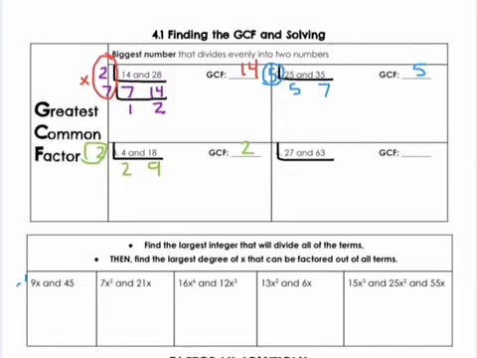So it's best if you just know your multiplication facts, and what we're going to do is divide both of them by 9, because I know that 27 divided by 9 is 3, and 63 divided by 9 is 7. And I can't divide 3 and 7 by the same number, so the GCF is just 9.